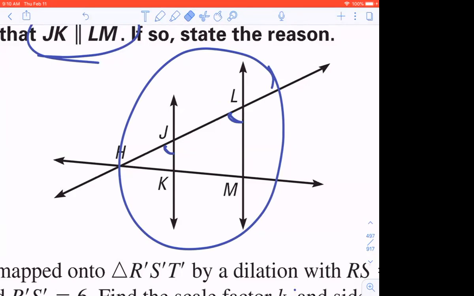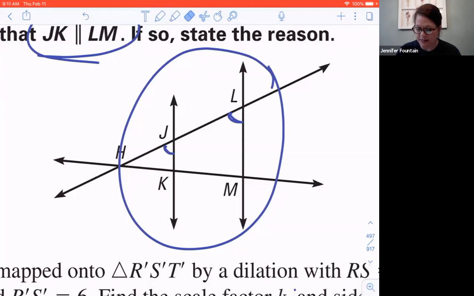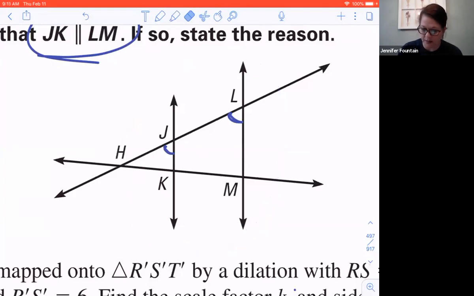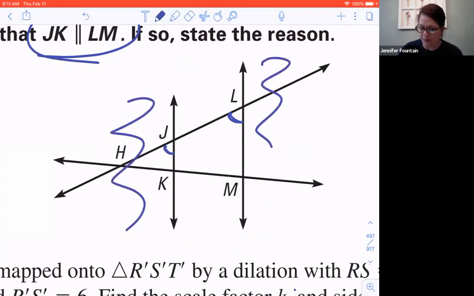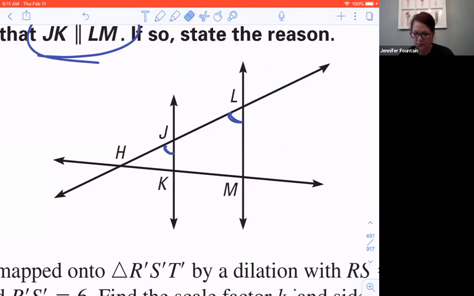Consecutive exterior means that they're both on the outside. That means that they would both be outside the parallel lines. That's what exterior and interior mean. Exterior means outside the parallel lines. Interior means inside the parallel lines. They're not both exterior. Let's look at this for a minute.